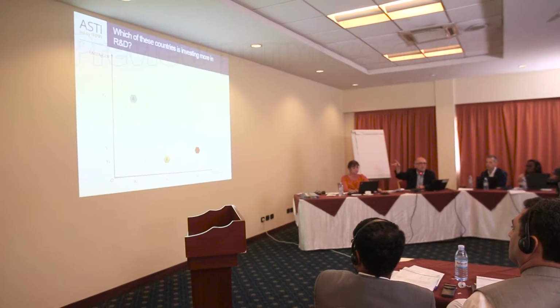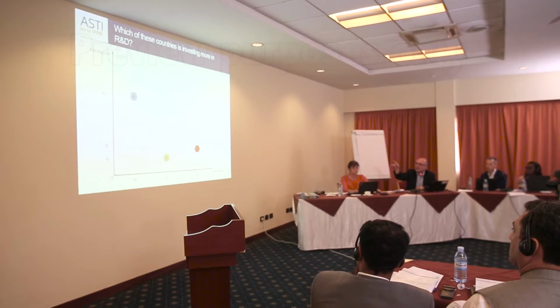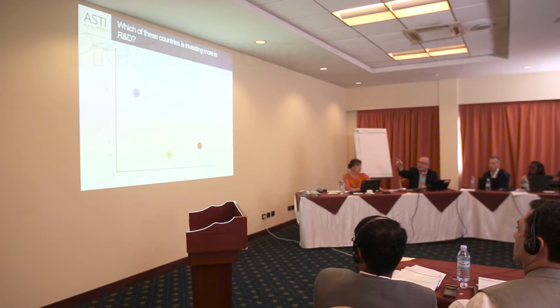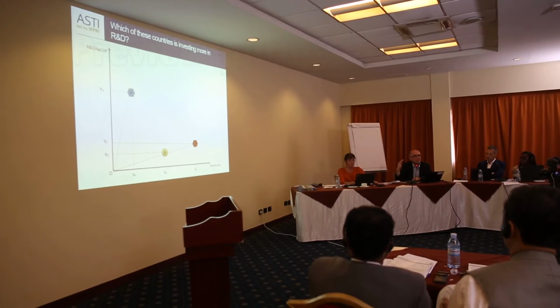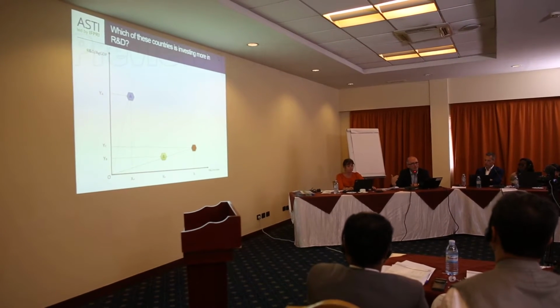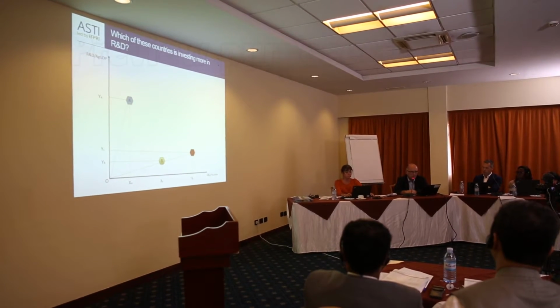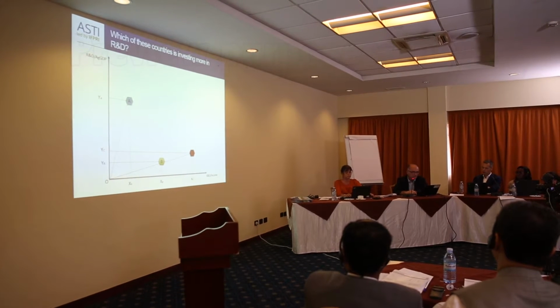So you cannot say that A is investing more than C or C is investing more than A. It's just that they have different combinations of the two indices. Both countries are investing, let's say, at the same level. None of them is dominating the other, in terms of intensity, of course.